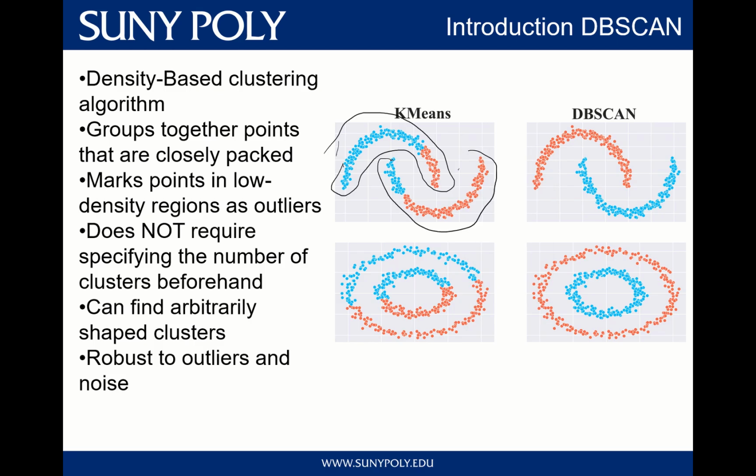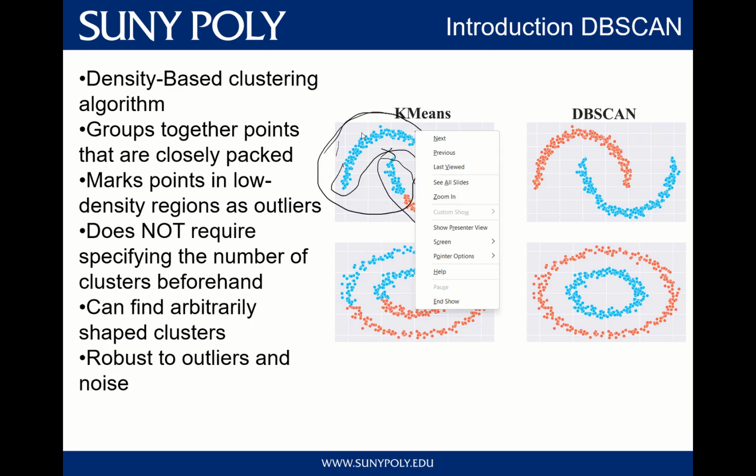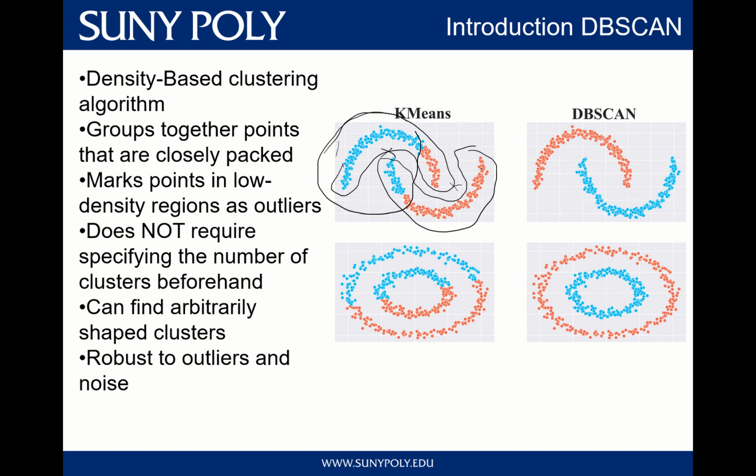But k-means only focuses on distances, not on patterns. Therefore, it will find a centroid here, which will be the first cluster for k-means, and another one in this area. So it will group together these points, even if they don't belong to the same pattern.